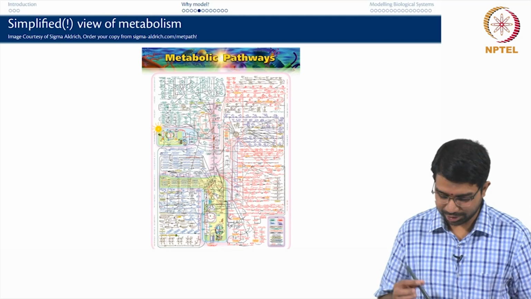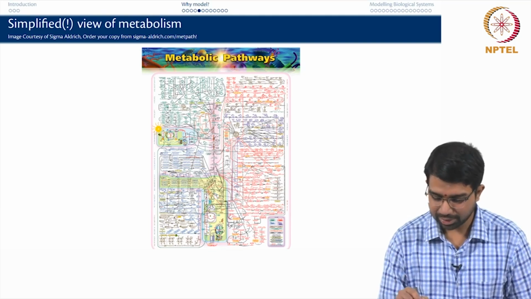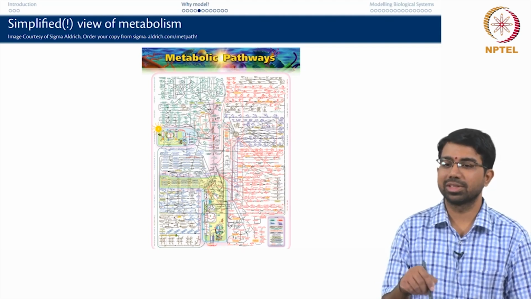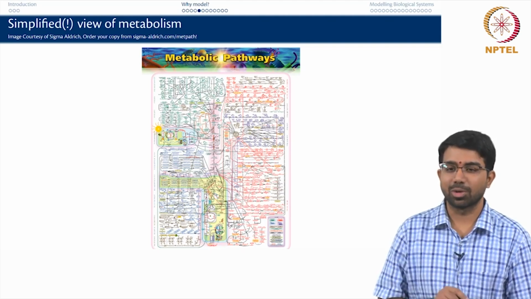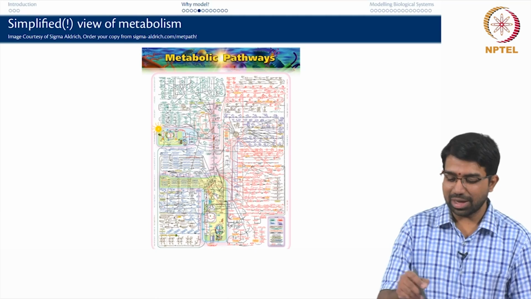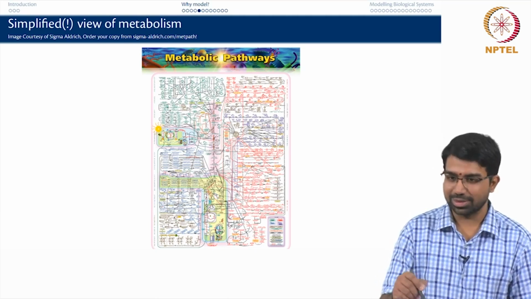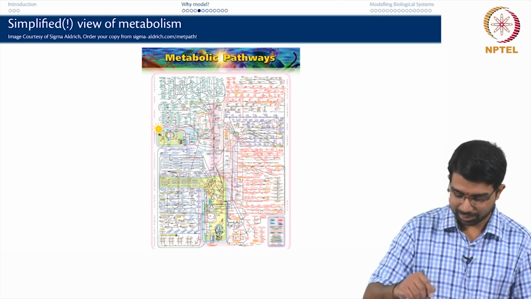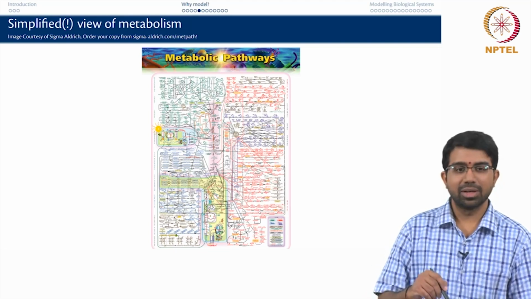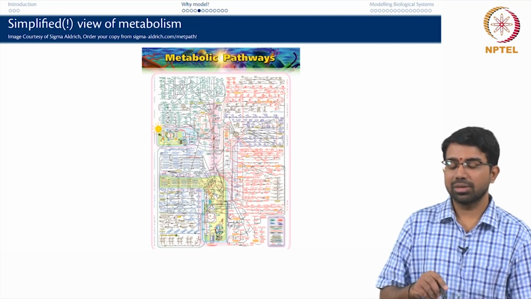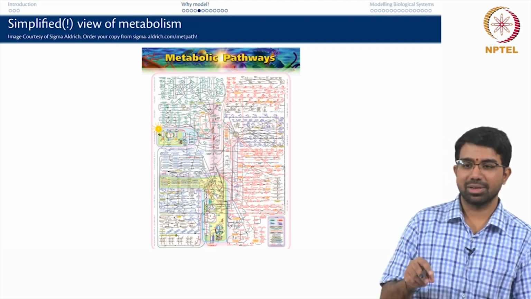All these represent a single chemical, but you can imagine there are Avogadro number of these molecules within a single cell. There will be nanomolar concentrations, and each of them will have different fates. Some of them may take this road, some of them might take this road, some of them might be cycling here, and there are several compartments, not all of them shown here, and I am still talking about a single cell.